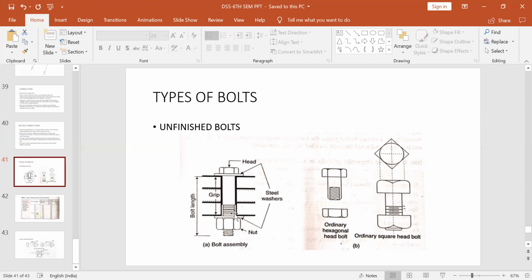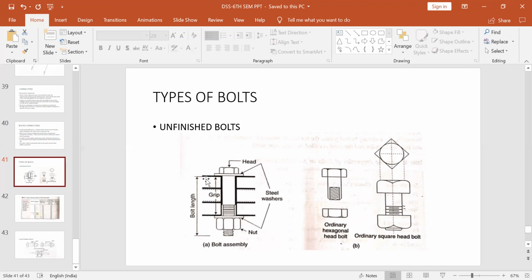A hole has to be made in the structure in which the bolt will be inserted, because without making the hole you cannot insert the bolt. Then at the end of the structure it will be clamped by the nut. So this is head, shank, nut, and this entire thing is the bolt assembly.